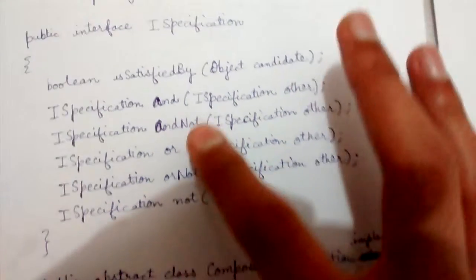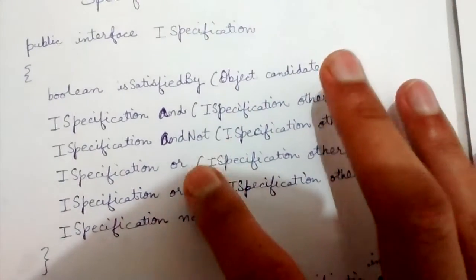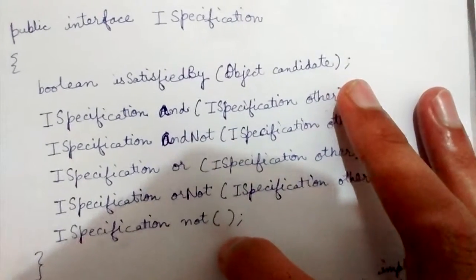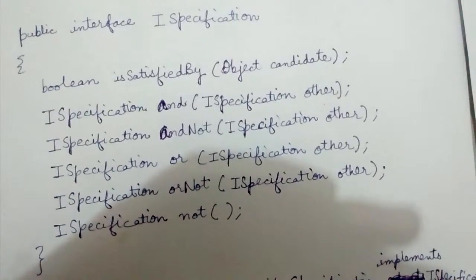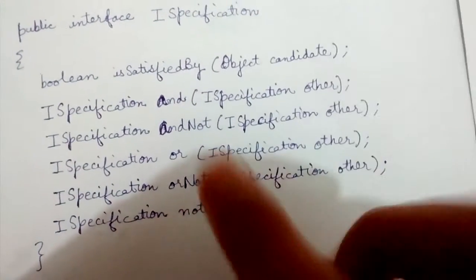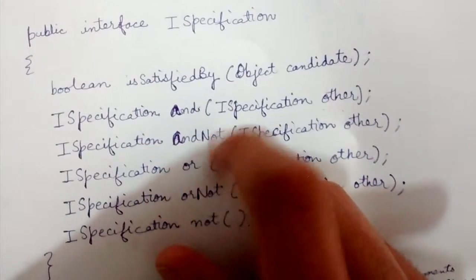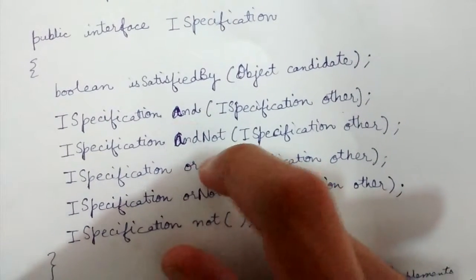Then we are defining some methods: and, or, not, and not. So and is basically the chaining of two business rules in the form of an AND, that is using an AND gate, if you read about that in your electronics classes.